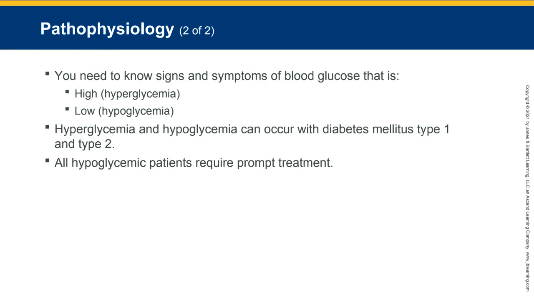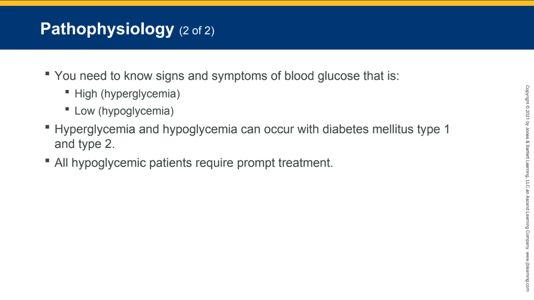Now, the patient that has diabetes mellitus type 1 cannot produce insulin, and that is why it is often, or used to be, referred to as insulin dependent diabetes. A person who has type 2 can produce insulin.